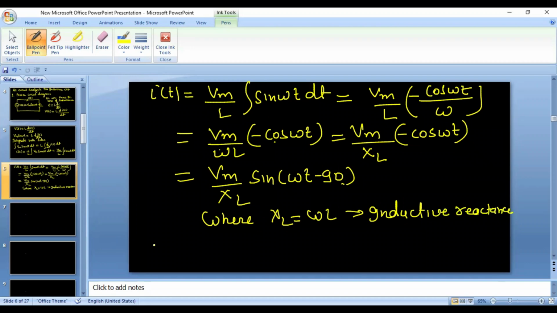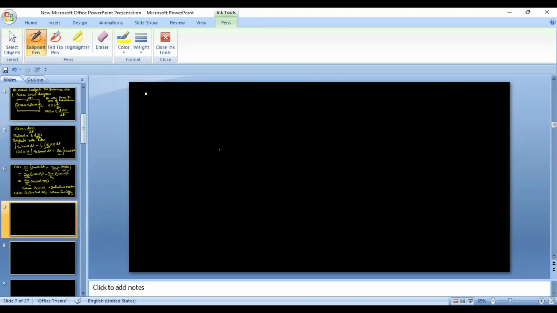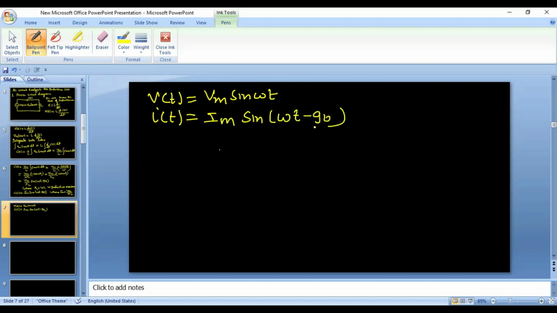Now finally, It is equal to Im sin omega t minus 90, where Im is equal to Vm by XL. As we know, the supply voltage equation is Vm sin omega t, and the current equation for a purely inductive circuit is Im sin omega t minus 90.